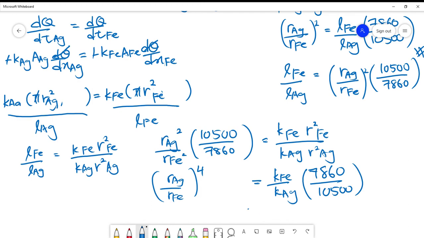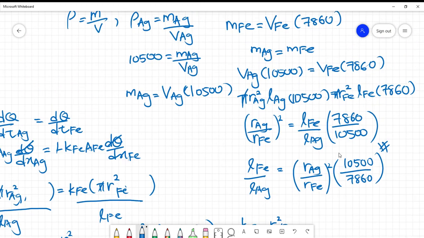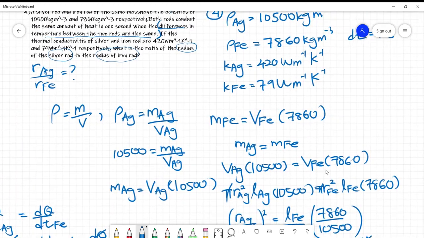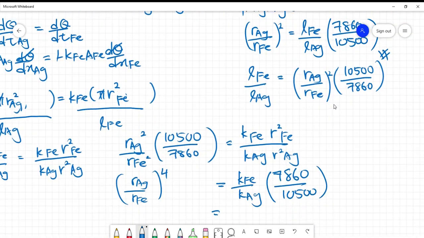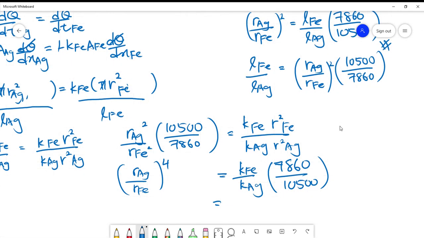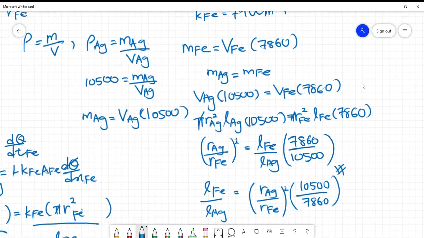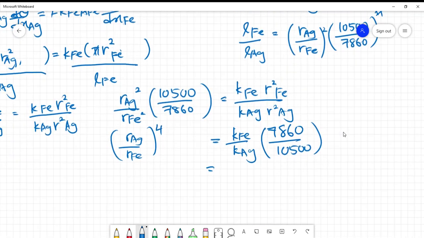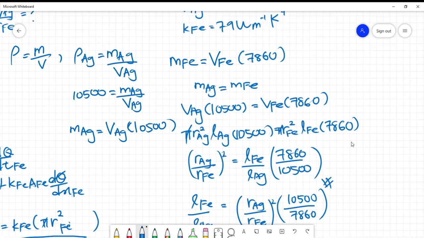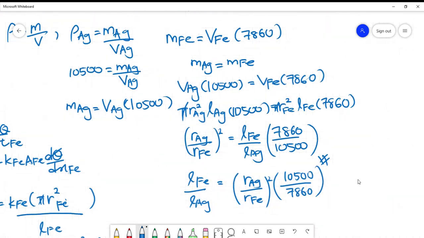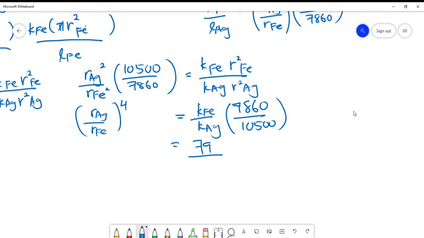So what we get finally, the thermal conductivity of the iron is 79, divided by the thermal conductivity of silver, which is 420. So this one is 7860.